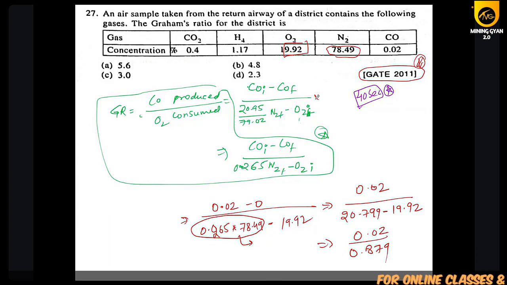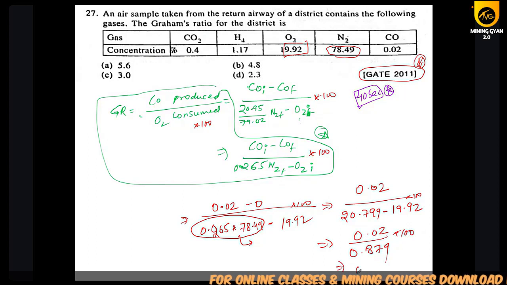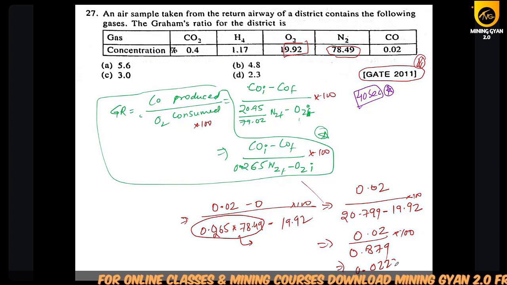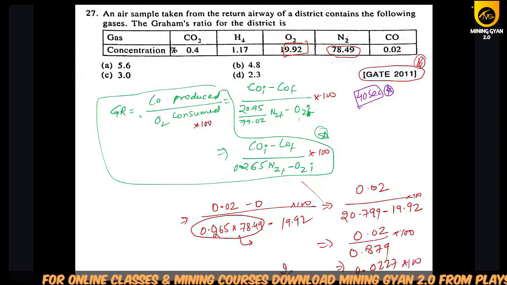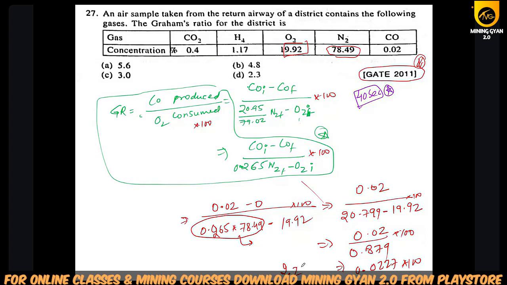We have not multiplied by 100 here, so multiply by 100. So it will become 0.0227 times 100. Your answer will be 2.27.